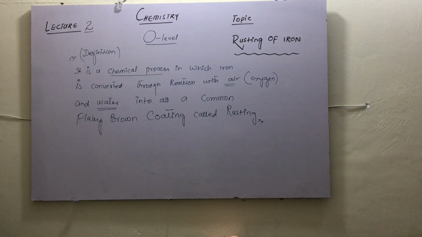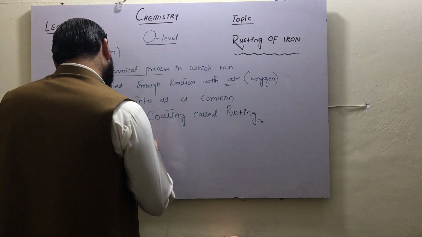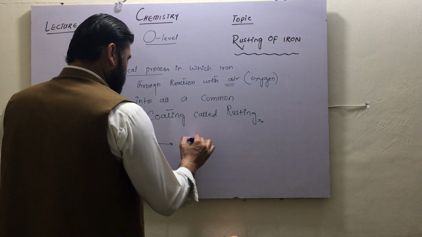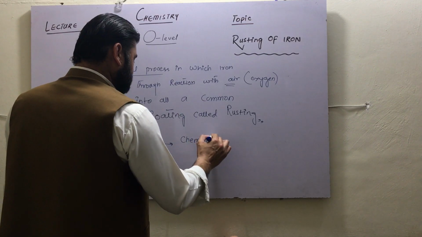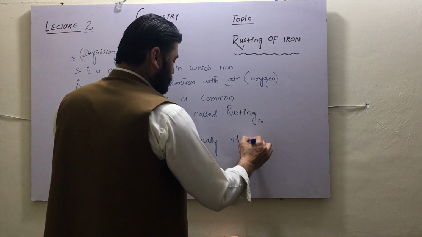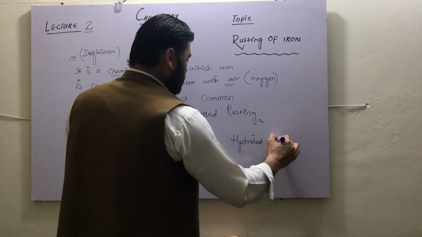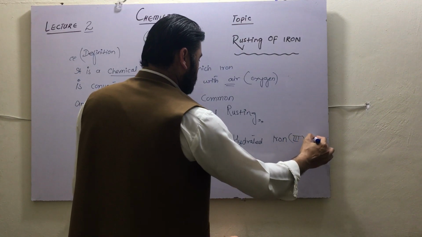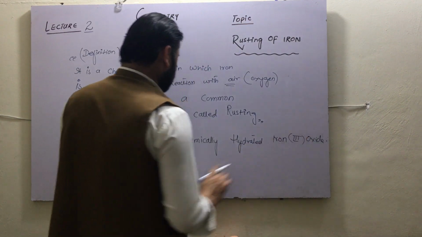And chemically, if somebody asks you what is rust, rust is a hydrated iron oxide. Basically rust is chemically hydrated iron 3 oxide.